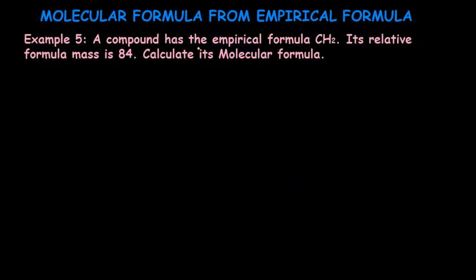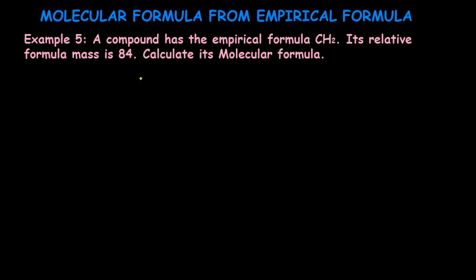A compound has the empirical formula CH2. So here we already know the empirical formula. If it is not given, then we can calculate the empirical formula as we had seen earlier from some other data. And its relative formula mass is 84. That is also given. Now we need to calculate the molecular formula.